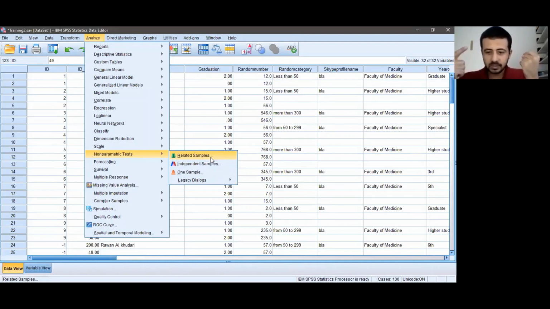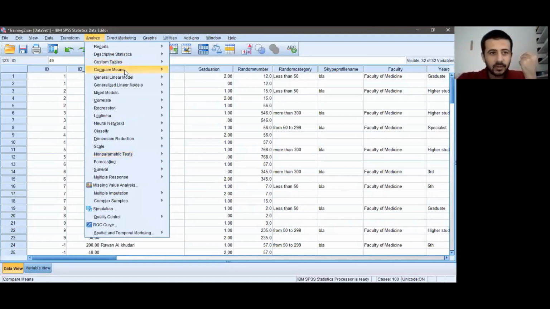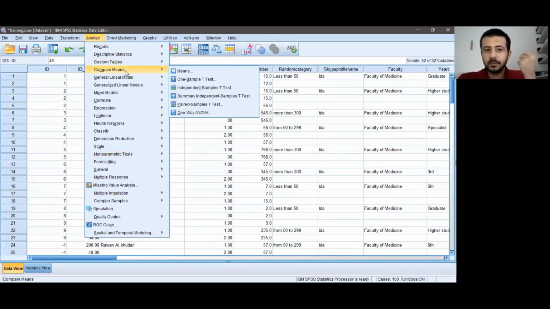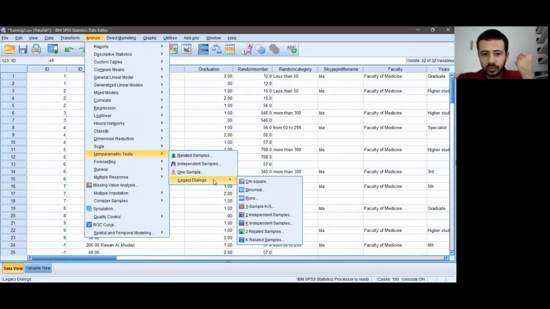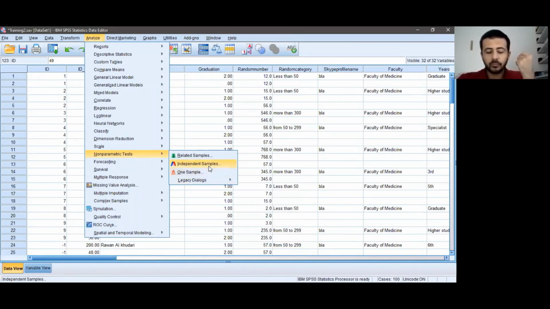Independent samples are like two-sample independent samples t-tests. One sample is like one-sample t-tests. So they actually match the ones from Compare Means, but they are not parametric. And here we can take more for more than two groups. Let's take independent samples.